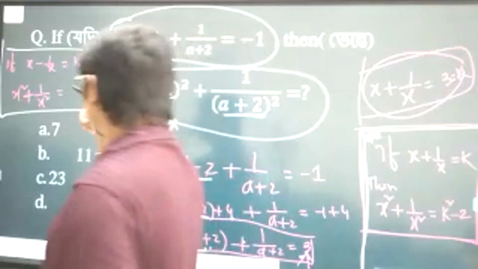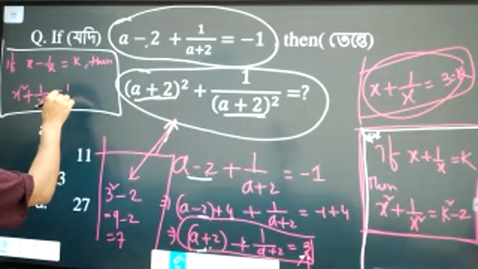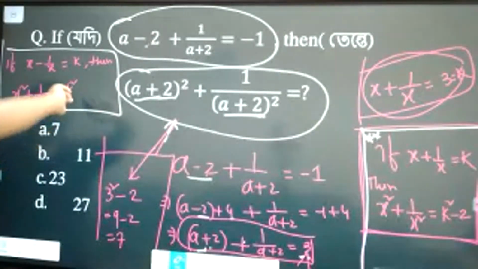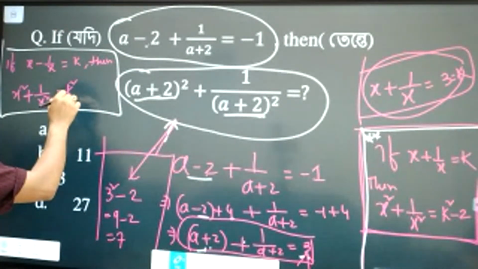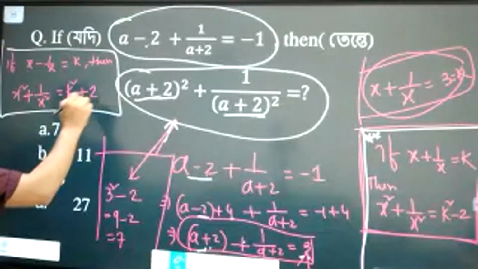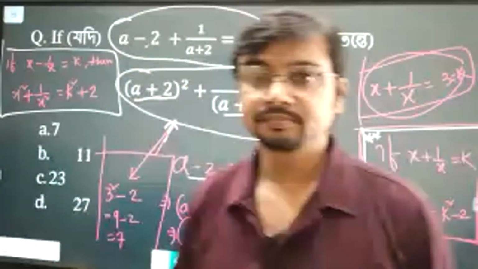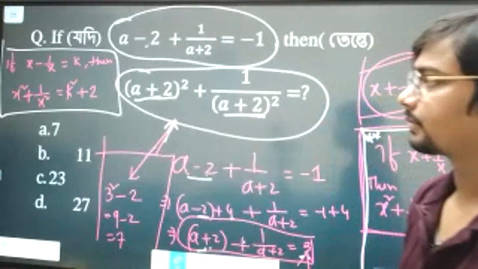Can you remember what will be this value? This will be k square plus 2. You just remember this formula too.